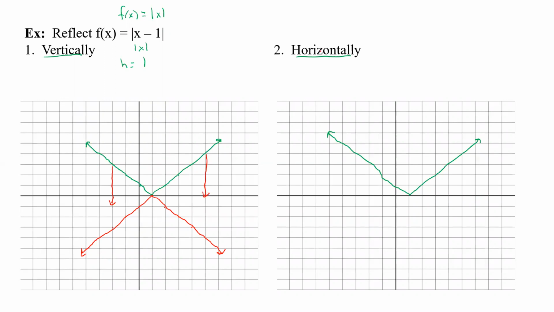Now horizontally, remember we're just changing the positive x for a negative and a negative for a positive. And so really what we're doing here is we're taking this value and we're going to move it. And now the x-axis has changed basically. We have to kind of say it that way because now this isn't the x-axis. We're not going to reflect all the way completely how it looks.